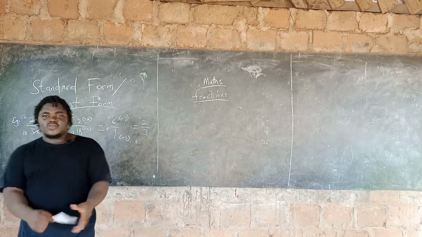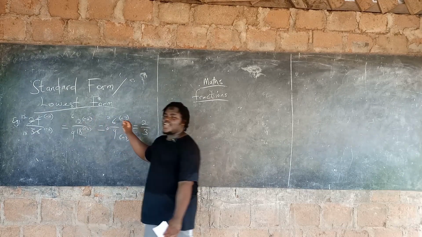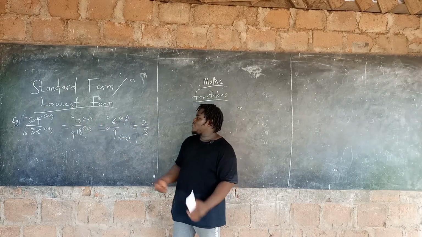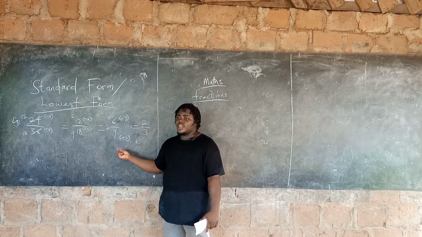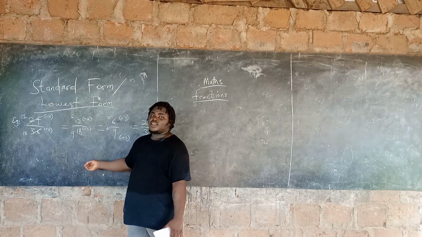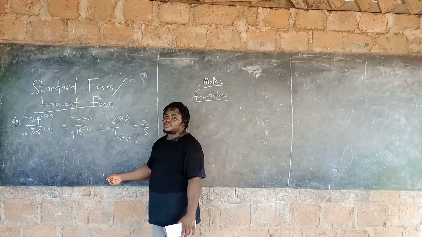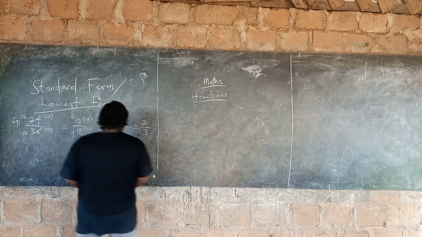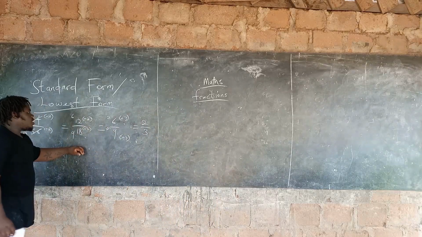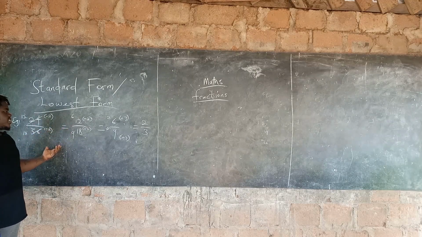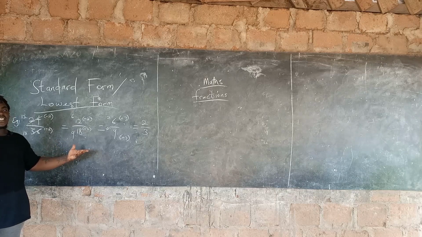So what can we see over here? What we are seeing is that to find the lowest form of a fraction, we have to divide the numerator and the denominator by the same common factor. And looking at this, it is a very long method.